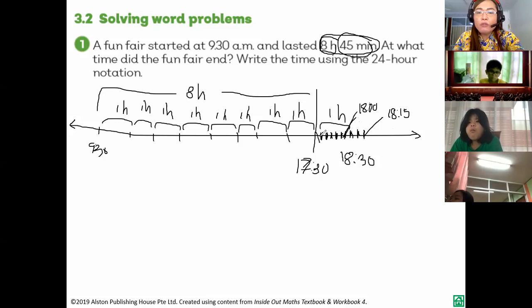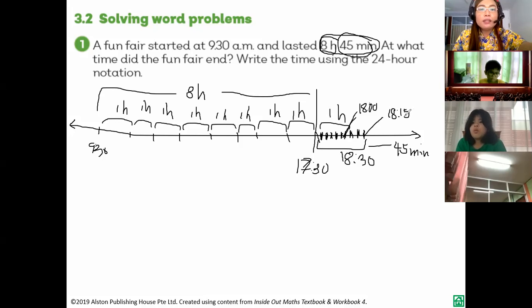We still need to add 15 minutes, which is 5, 10, 15. So from here up to here, that's already 45 minutes. So the time that the fun fair ended is 18:15. So that's the answer.